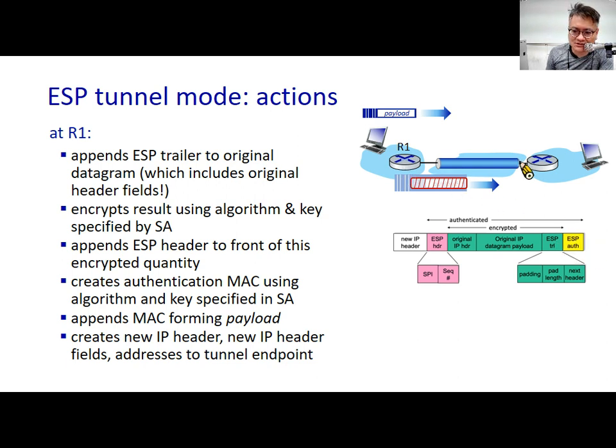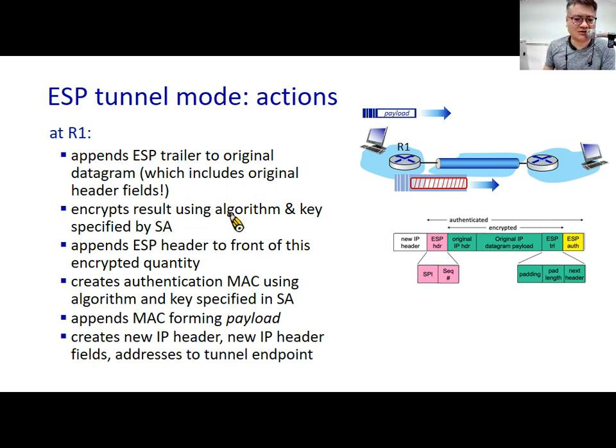Then, based on this SA, R1 appends the ESP trailer to the original datagram, which includes the original header fields. It encrypts the result using the algorithm and key specified by the SA.